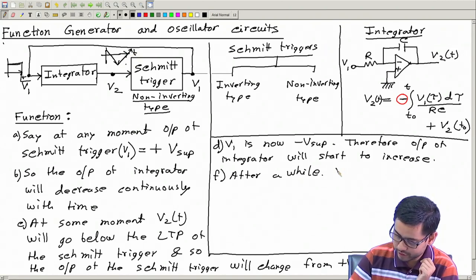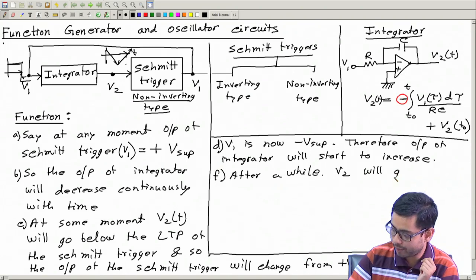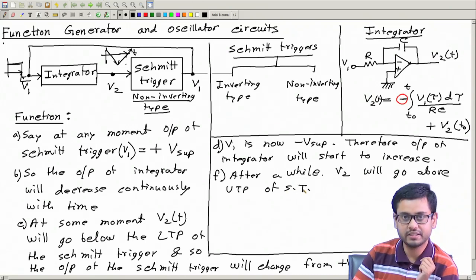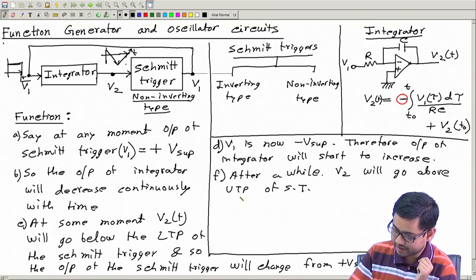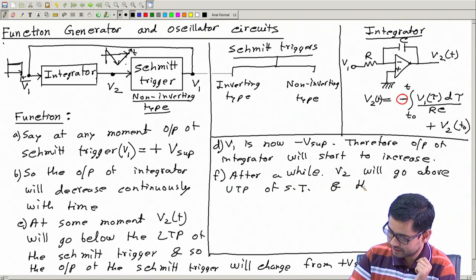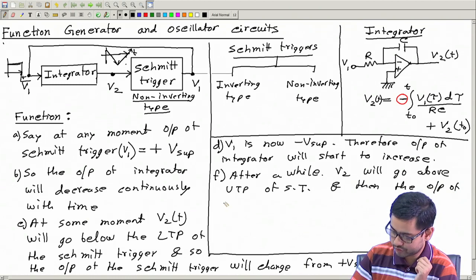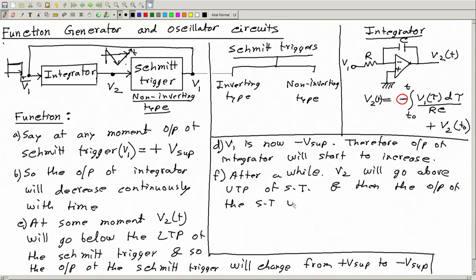So after a while, V2 will go above the upper trigger point of the Smith trigger, ST in short, and then the output of the Smith trigger will become plus V supply again.